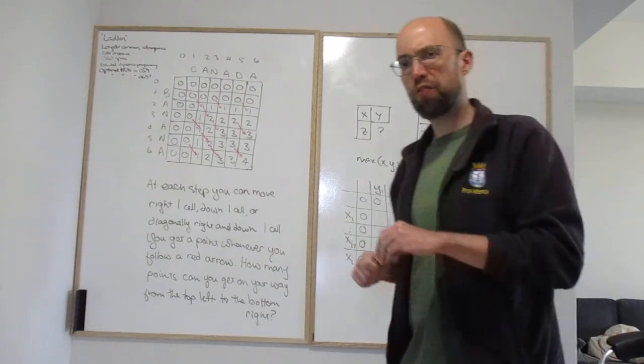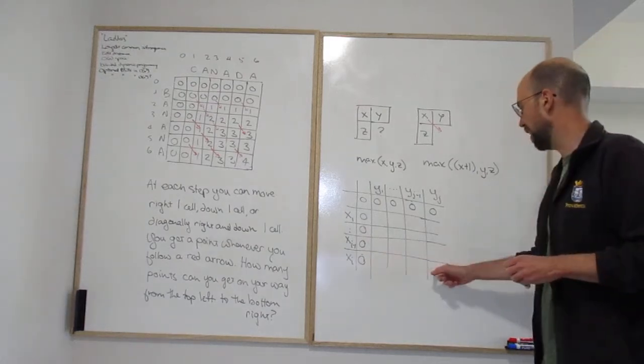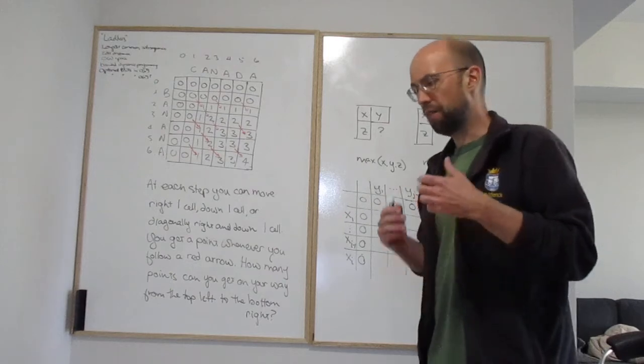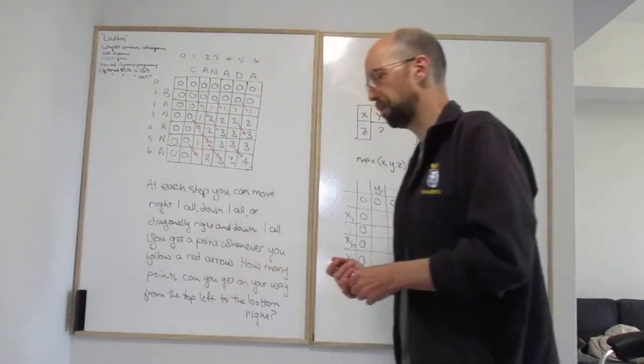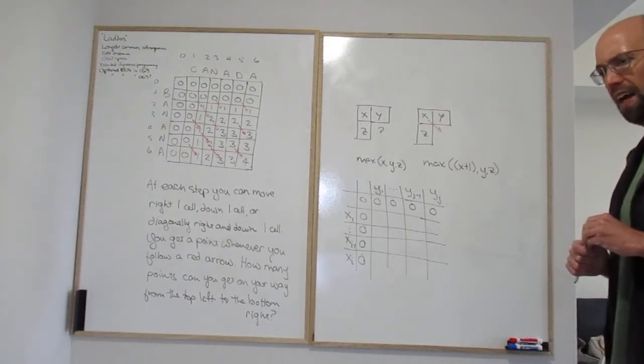So let's suppose that you filled in all the rest of this, and now you want the length of the longest common subsequence of x1 to xi and y1 to yj. Well, how do you get that?